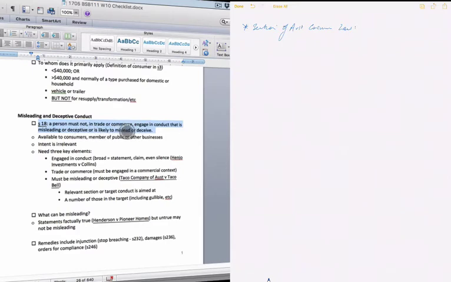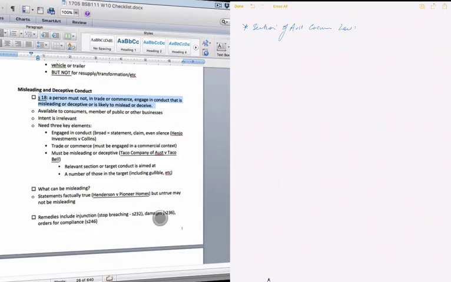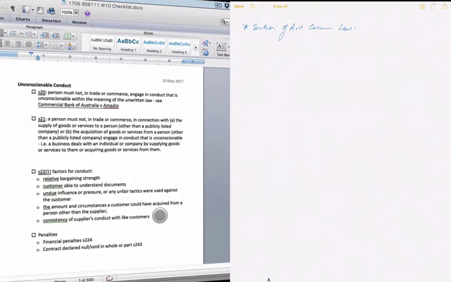Is it unconscionable conduct? I don't think so, not within the traditional meaning of the word. This isn't about bargaining strength or our understanding of the document. It's about the ad actually being wrong. Is it a consumer guarantee? Well, is Ahmed a consumer?